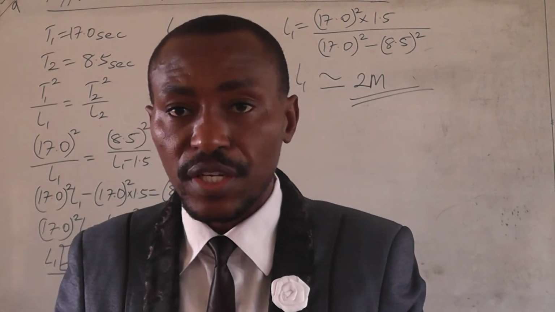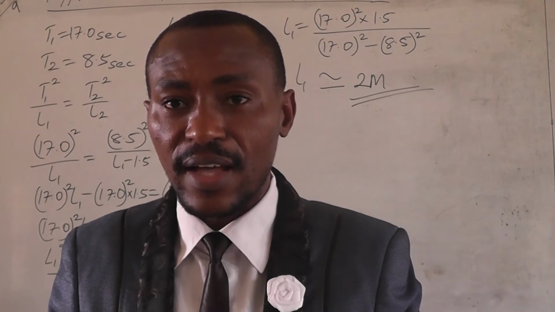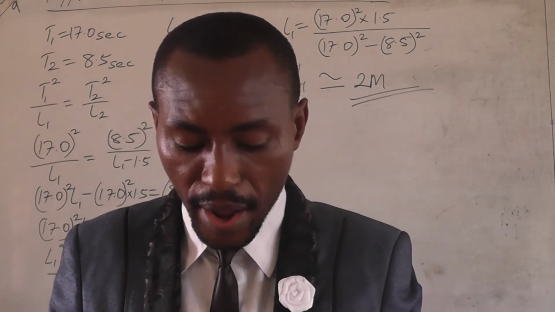Now, take g, that is acceleration due to gravity, as 10 meters per second square.